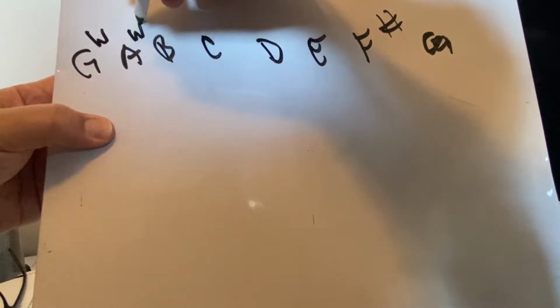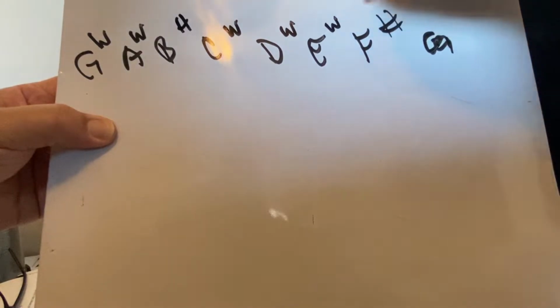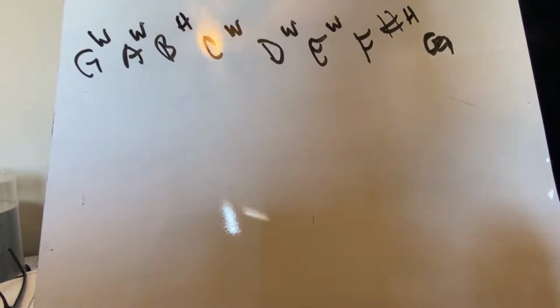Between A and B, a whole step. Then a half step, a whole step, a whole step, a whole step, and a half step, because these steps are what make a major scale.